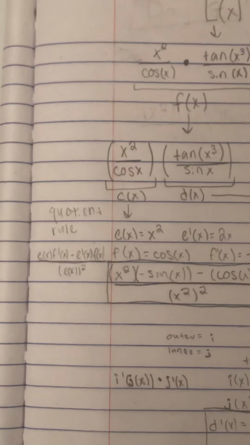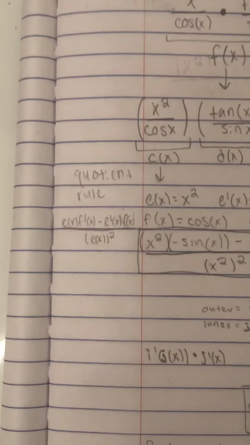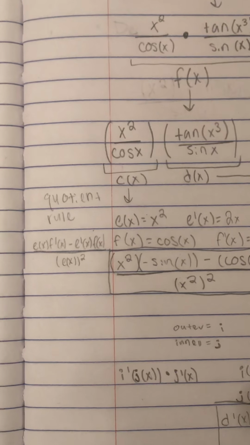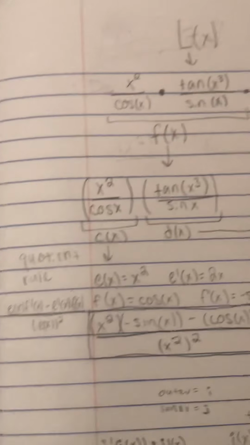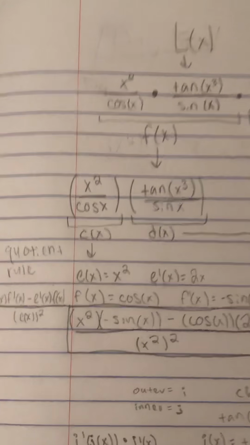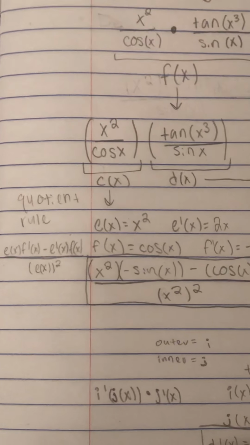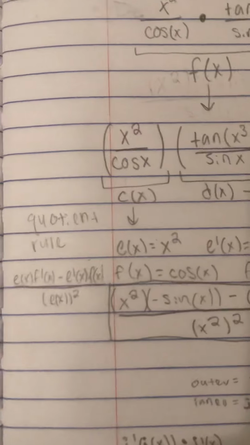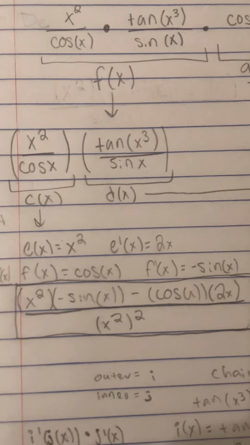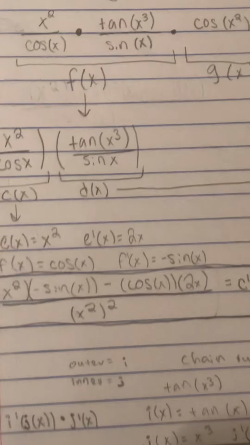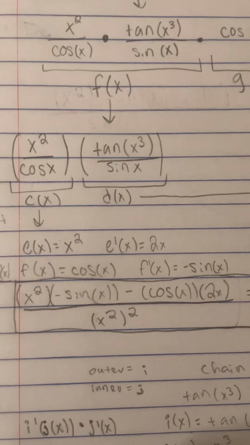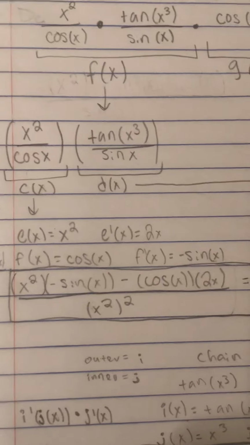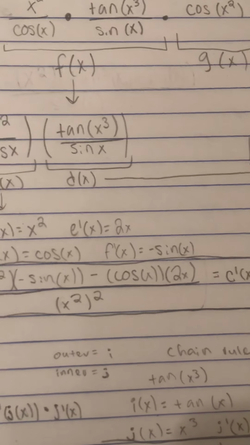So I used the quotient rule, because the x squared is over cosine x, I put x squared as the e of x and cosine x as f of x. I found the derivative of those, so I got e prime of x equals 2x, and f prime x equals negative sine x.